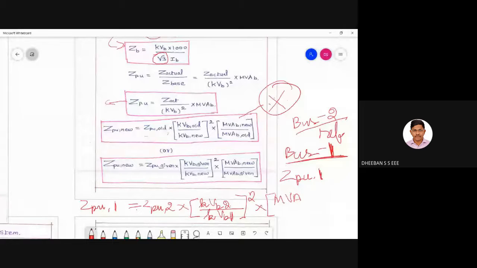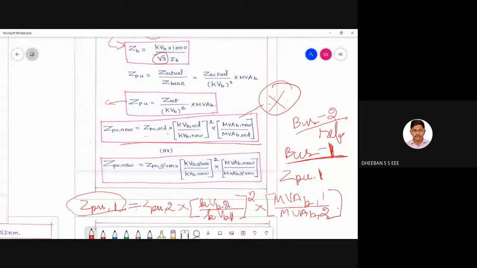So it is MVA_B old divided by MVA_B new. So if you know only this formula itself, it is very easy for you to represent the impedance. And if you are finding the impedance, then you can easily draw the impedance diagram.